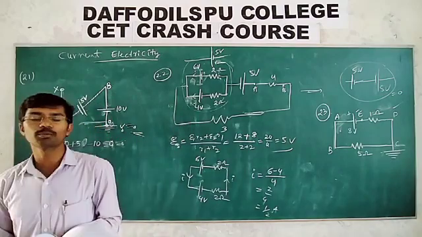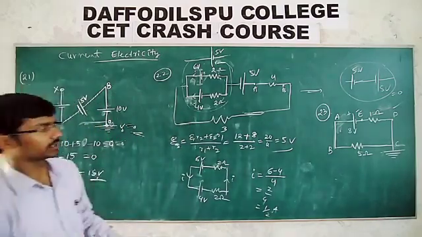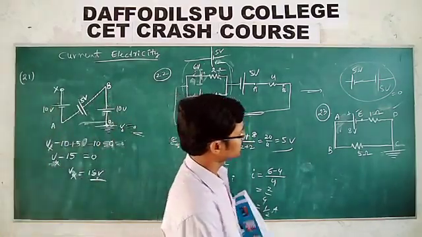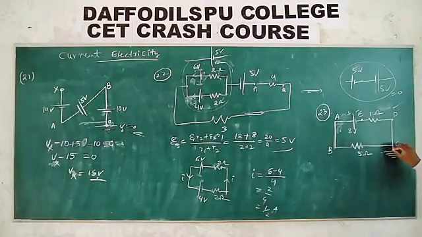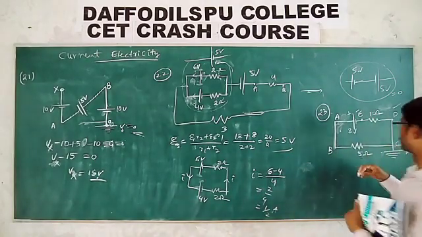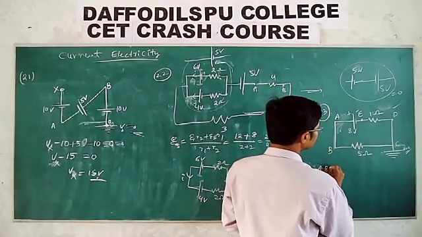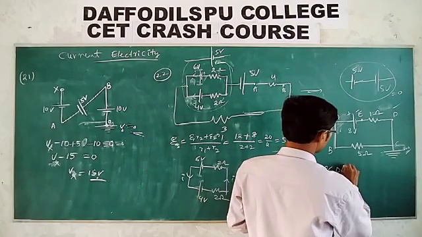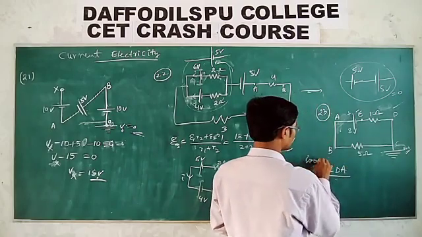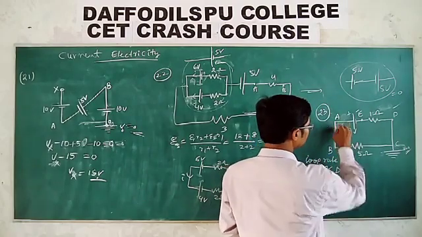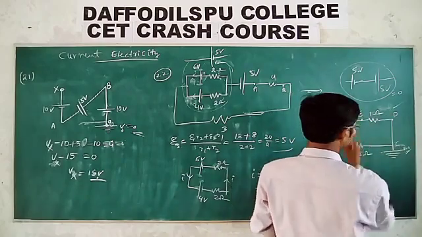What is the potential of the point A? But before that, here this C is grounded, meaning what does it imply? The potential at this point is 0. But let me apply the loop rule for A, B, C, D, A. Apply the loop rule for A, B, C, D, A.